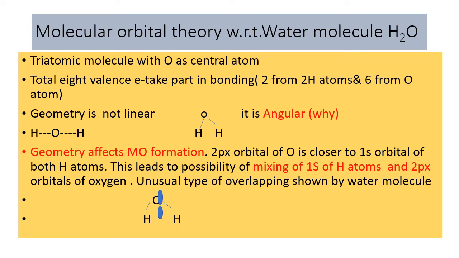This leads to an unusual type of overlapping shown by the water molecule, and it affects even the molecular orbital energy level diagram. So one has to remember two things here: the angular geometry of the central atom oxygen forming bonds with two hydrogen atoms, and that it is going to affect the molecular orbital formation.